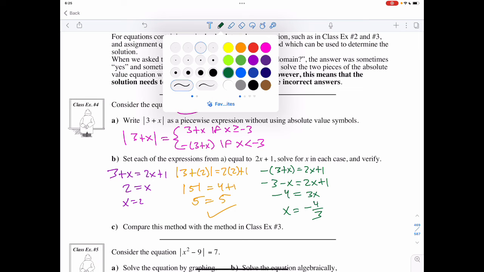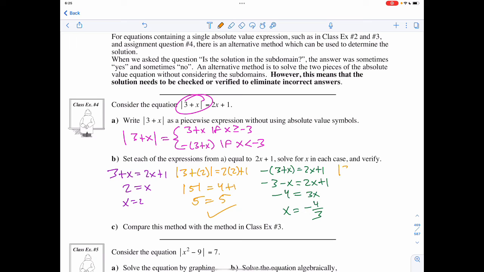When I put it back in to verify it, then if I said the absolute value of 3 plus negative 4 over 3 is equal to 2 times negative 4 over 3 plus 1, then this is going to give me the absolute value of, when I take away the negative 4 over 3 from the 3, I'm left with positive 5 over 3.